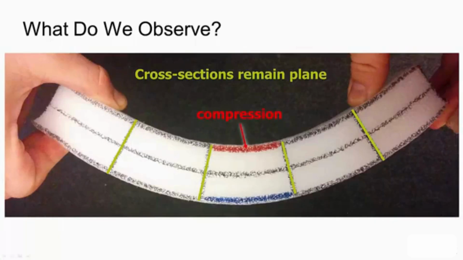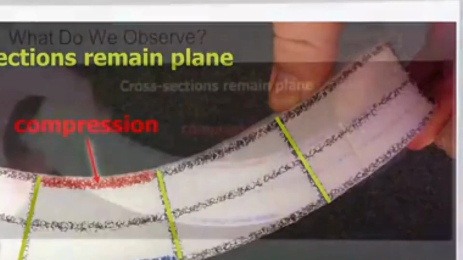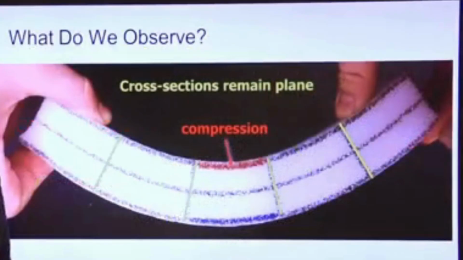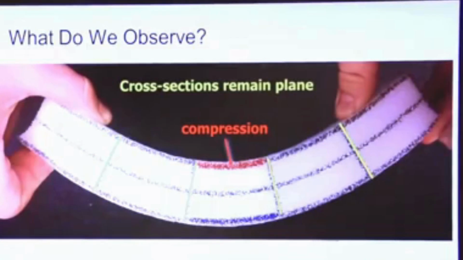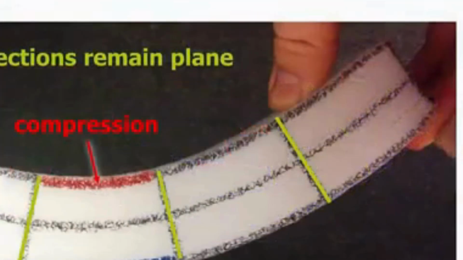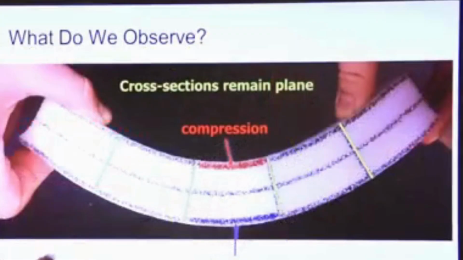Next observation we can make in this particular snapshot of it is that the red line seems to be compressed. It is on the concave curvature side and it's compressed to form that curvature. Conversely, on the convex curved side of that beam, the blue line has to be elongated. So there must be a state of tension in that blue line.